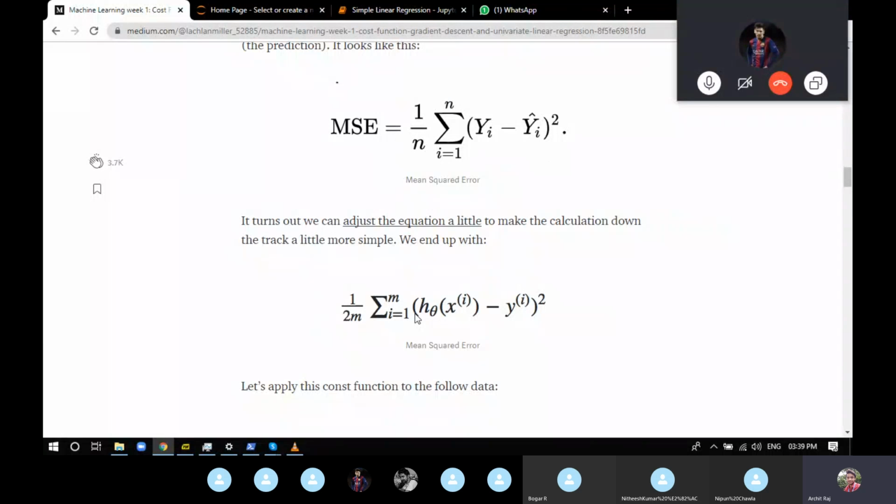So we bring the number a bit closer to 1. Instead of dividing by 1 over n, we divide by 1 over 2m. Here m also stands for the exact number of observations that you have. It's going to be n or m, it's simple. So we just divided this particular term by 2. That's it.